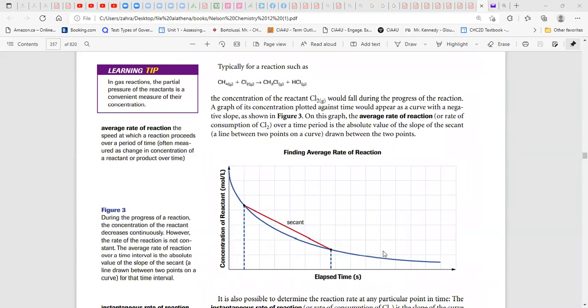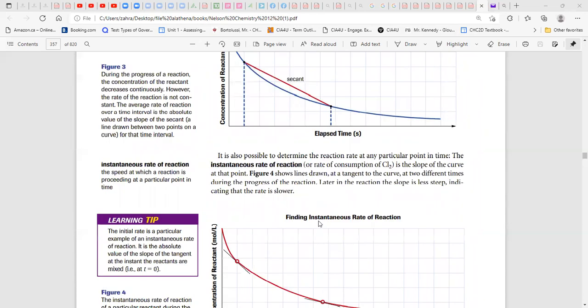Look at this. This is the plotted concentration of the reactant as a function of time. My reactants are CH4 and Cl2. That's why the slope is negative, right? Because their concentration becomes smaller and smaller as the reaction progresses. As time goes on, these two react and turn into the new product, which means the concentration of these two will decrease over time.